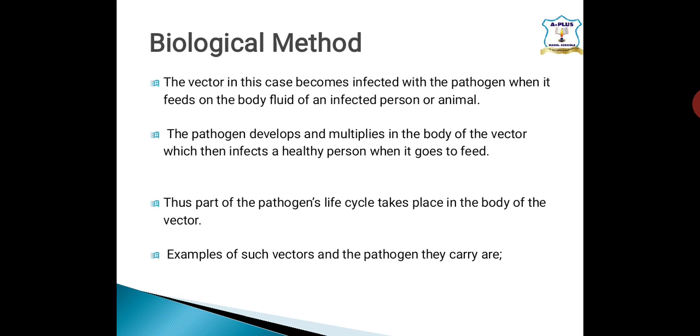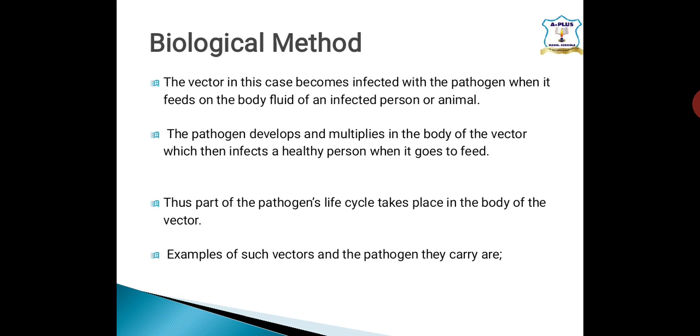The pathogen develops and multiplies in the body of the vector, which then infects a healthy person. This is another formula. The first one I mentioned, that it does not multiply on the body of the vector, is the mechanical. Now the biological is that the pathogen multiplies on the body of the what? Of the vectors, and it transfers it to a healthy person.